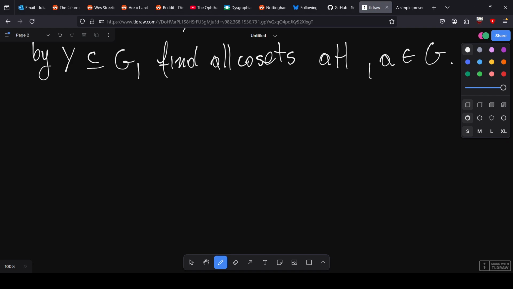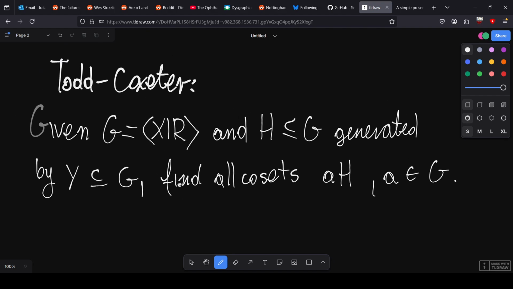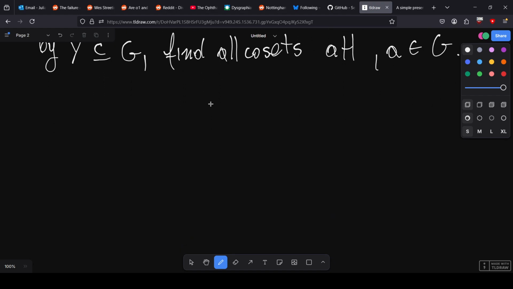This is a little bit funny as to how this works, but generally, the point is that we look at exactly how all of the relations work.